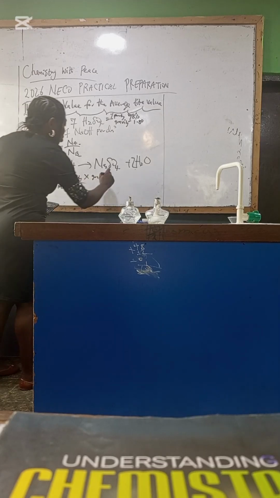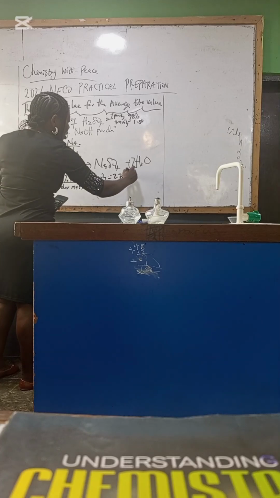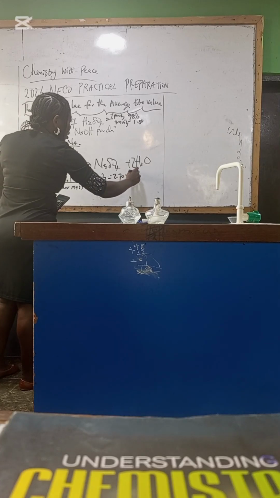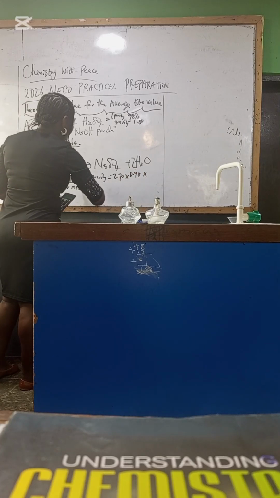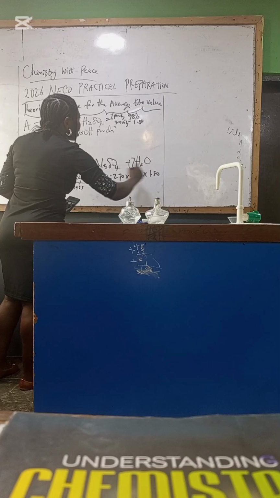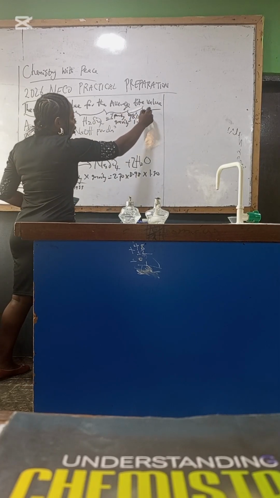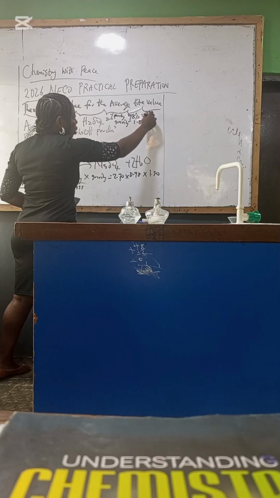So with this now, look at what we are going to have. Our volume is given as 2.70, times purity, which is 0.98, times our gravity, which is 1.80. This 98% purity, I converted it, 98 over 100.